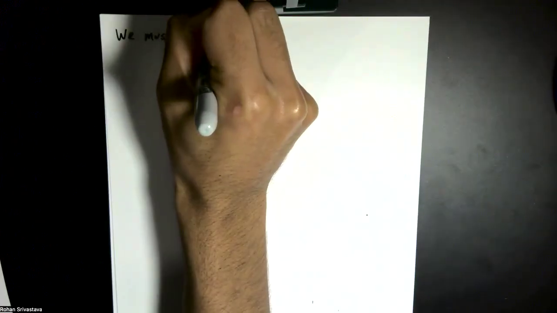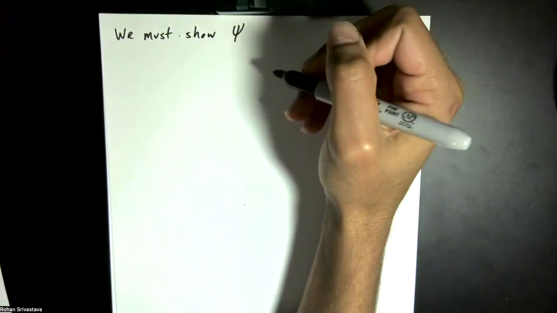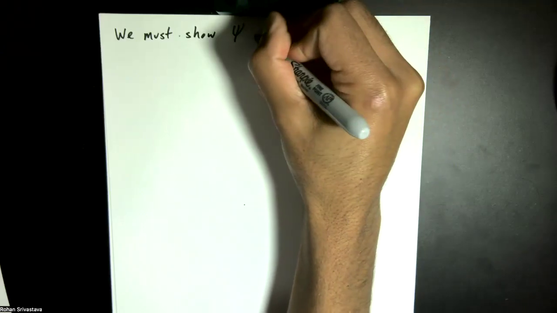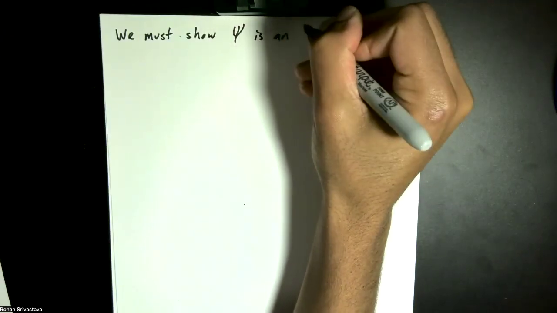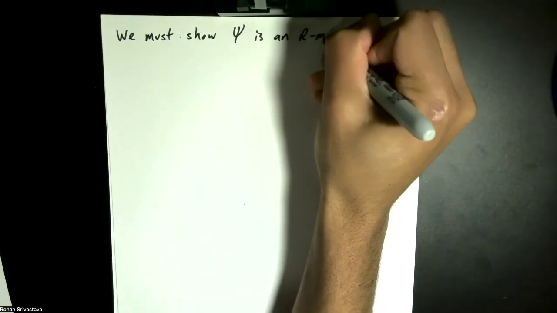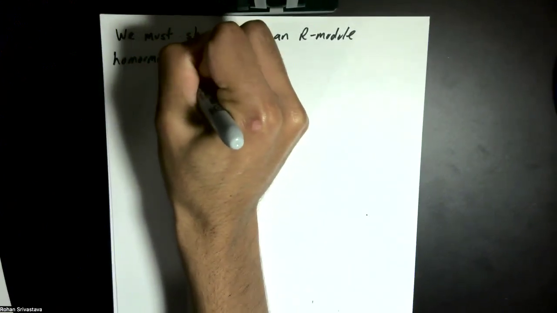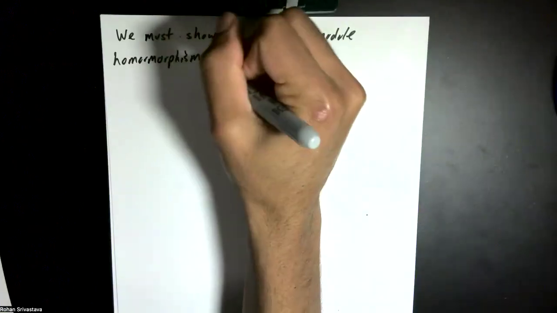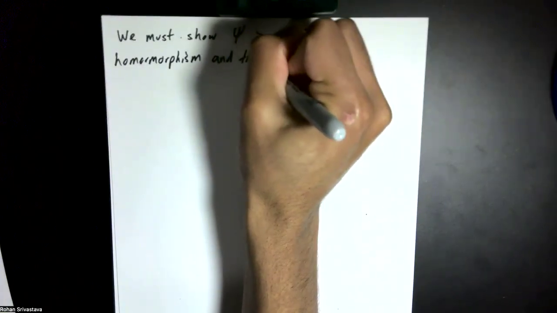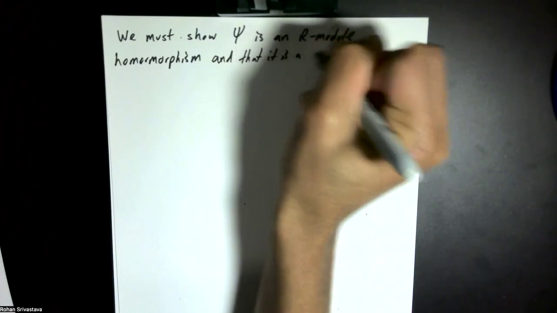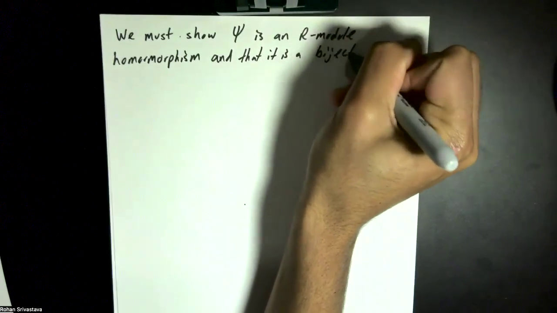We have to check that psi is an R module homomorphism and that it is a bijection, so injective and surjective.